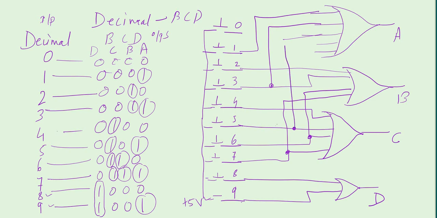Let us take 5 from this side. Then 7 is coming here. And 9 is coming from this side, so this 9 will be connected here directly like this. So this becomes the circuit of the decimal to BCD encoder. On the same lines, the circuit can be designed for octal to binary or hex to binary.